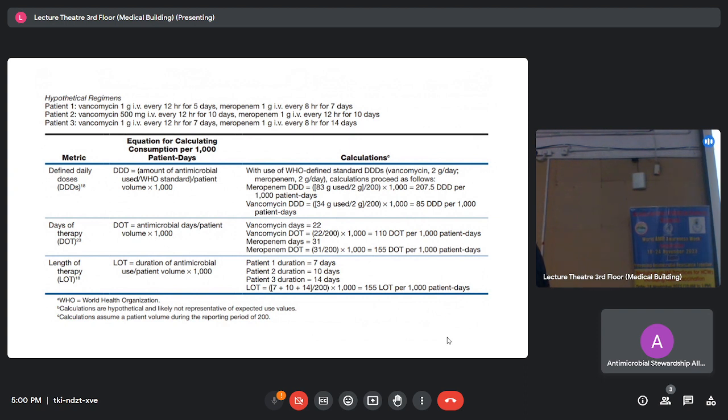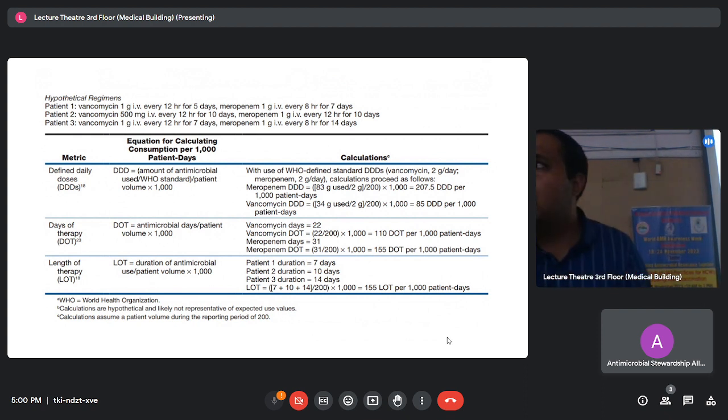So if I have to calculate the defined daily dose, DDD, how will I proceed? In the numerator, it will be the amount of the drug, the total amount that has been prescribed, and it is calculated for each ATC coded drug. So vancomycin will have a different code, meropenem will have a different code. Suppose for meropenem, the total amount given is, see here, 1 gram every 8 hourly.